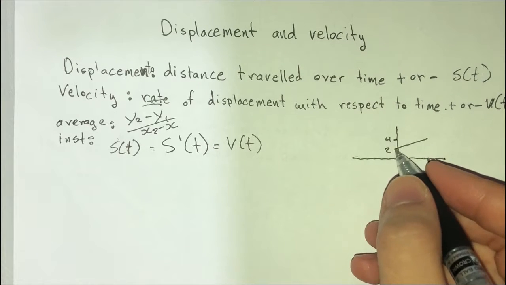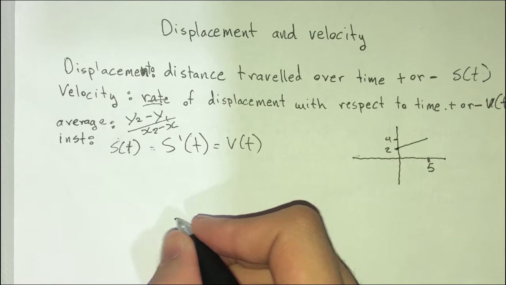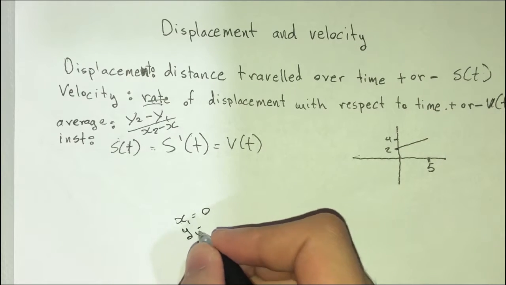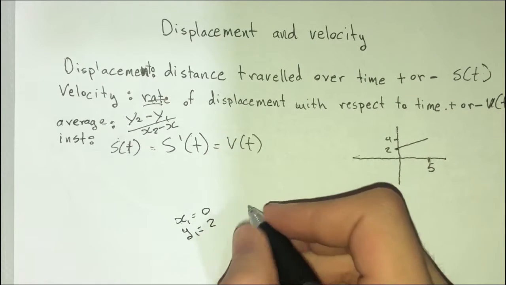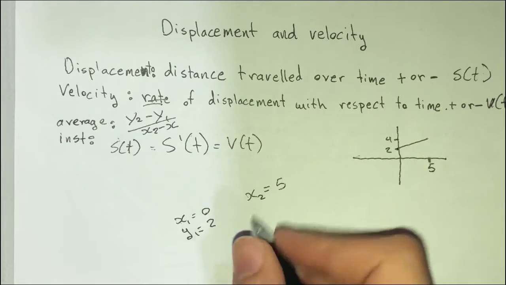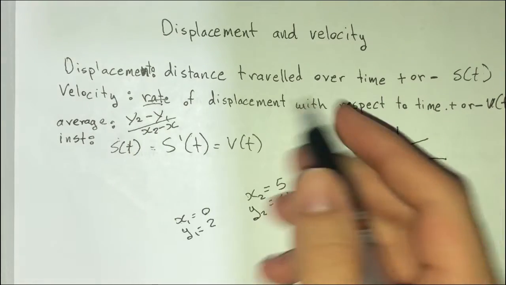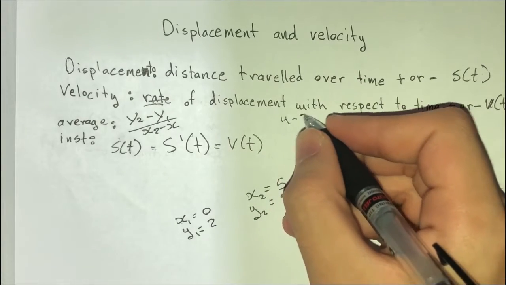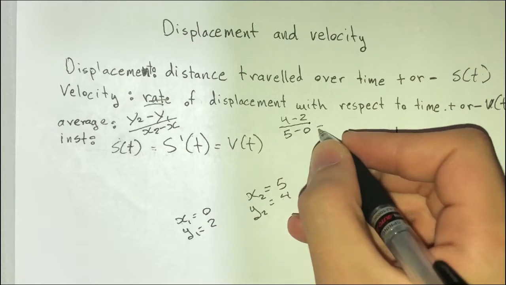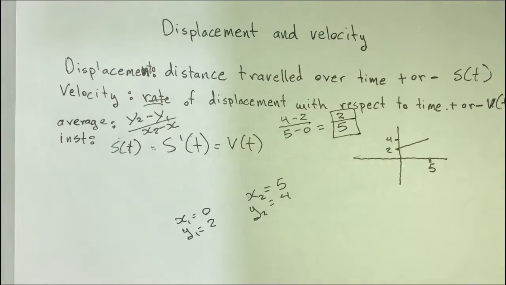All you have to do is get the y1, x1, which would be x1 equals 0, y1 equals 2, then x2 equals 5, and y2 equals 4. Plug them into this equation, you get 4 minus 2 divided by 5 minus 0, which should give you 2 over 5. This will be your average velocity.